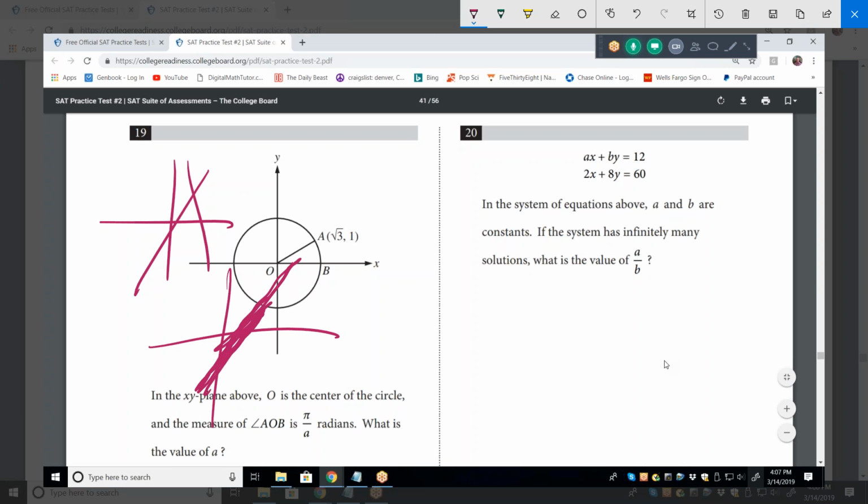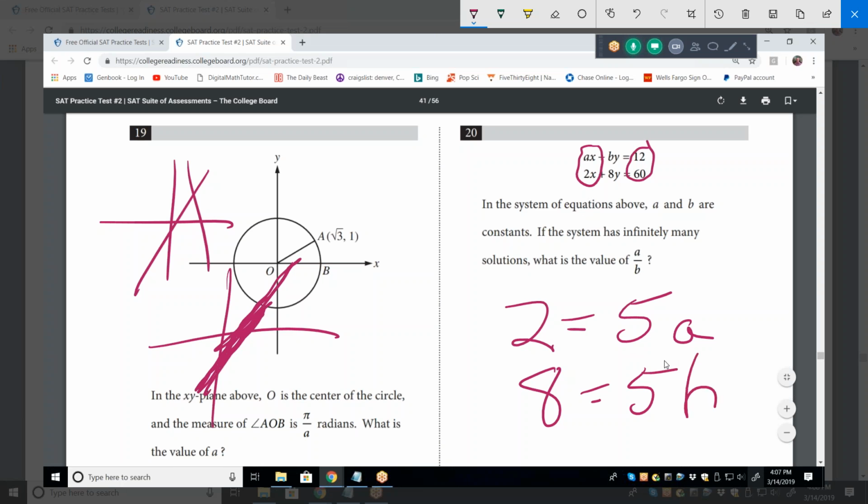What's that multiple right there? The bottom equation is how much bigger than the top equation? 5 times bigger. Okay. That means that 2 has to be 5 times A. See why? In other words, every term has to be 5 times bigger. Okay. And 8 has to be what? 5 times bigger than B. Okay. So we know that.